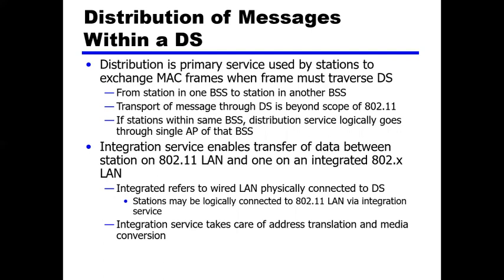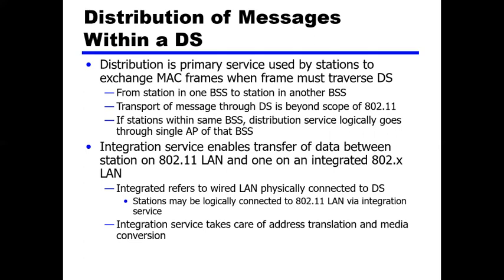Distribution of messages within the DS is a data service. Distribution is the primary service used by the stations to exchange MAC frames, transferring within the DS from a station in one BSS to a station in another BSS. Transfer of a message through the DS is beyond the scope of 802.11.